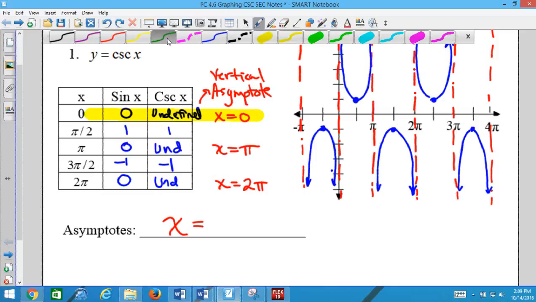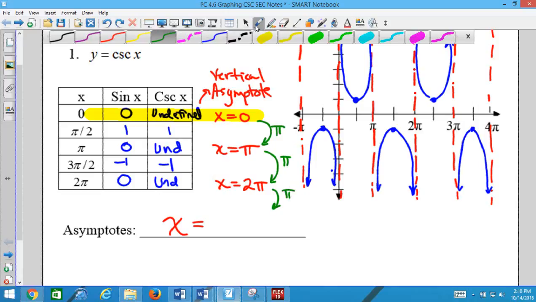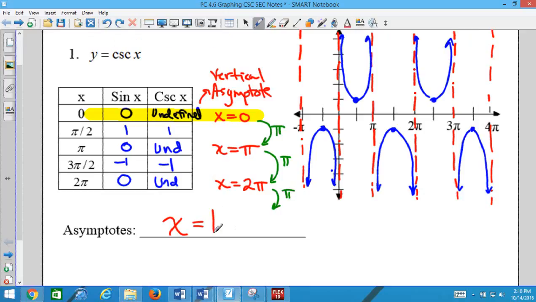And after that, we're adding on pi. The next one we're going to add on pi. So for all the asymptotes, we're going to start at 0 and add some number of pi's.